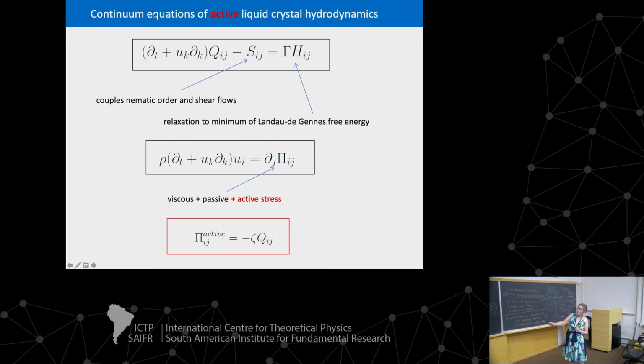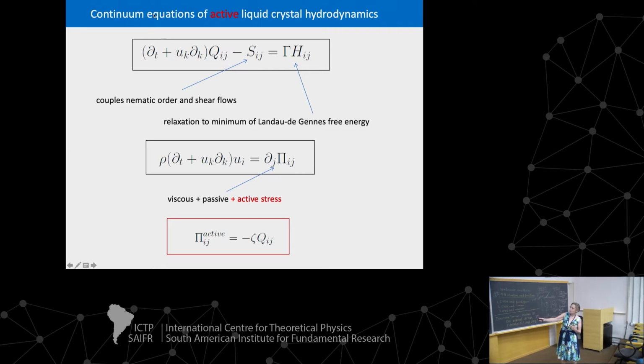That's just a number which says how many swimmers there are and how strong the flow field is. This is called the activity, and it's proportional to Q.